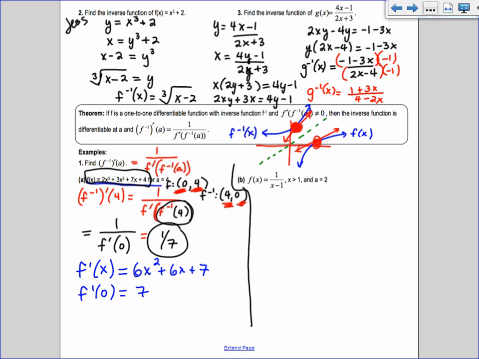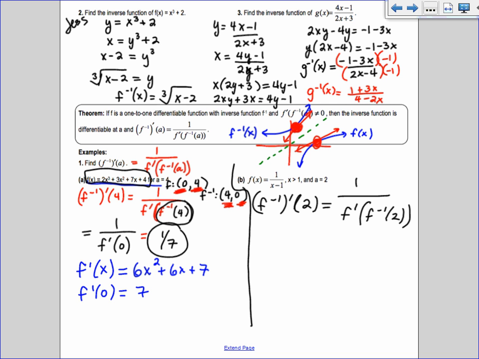Let's go through this whole process again. They're tricky. First you memorize the formula. If I have f inverse prime of a number, in this case 2, I'm going to have to do 1 over f prime of f inverse of 2. You guys agree?